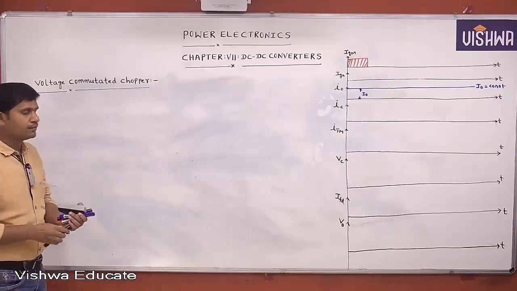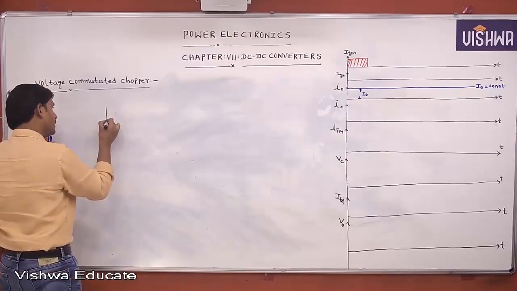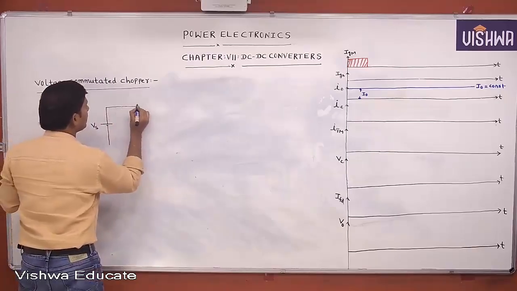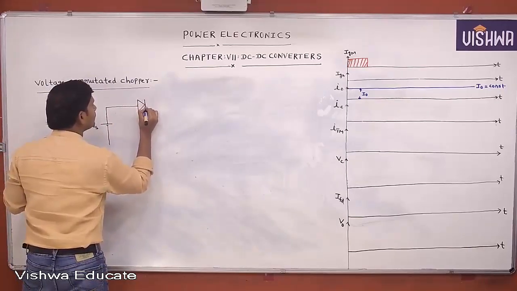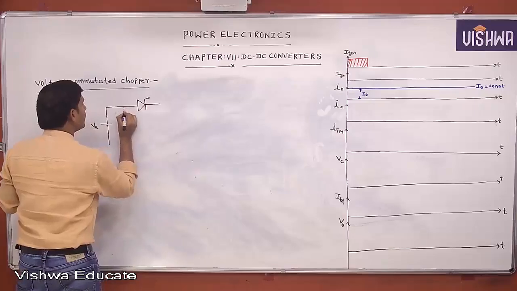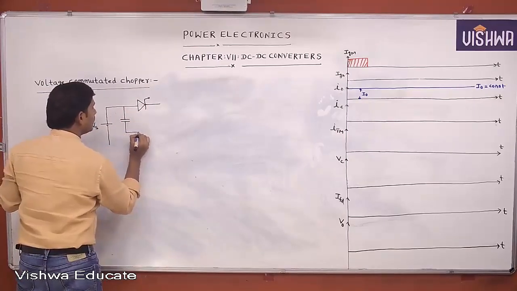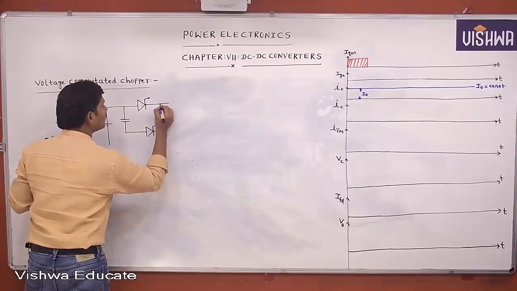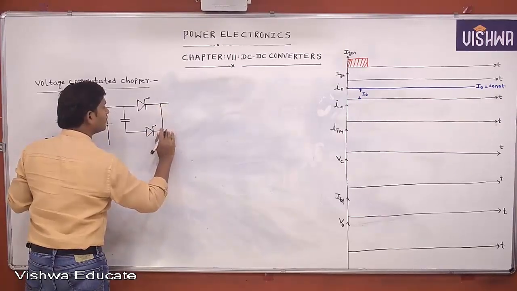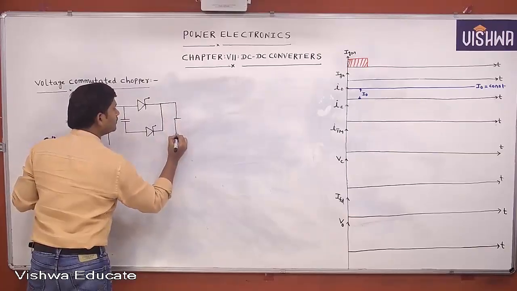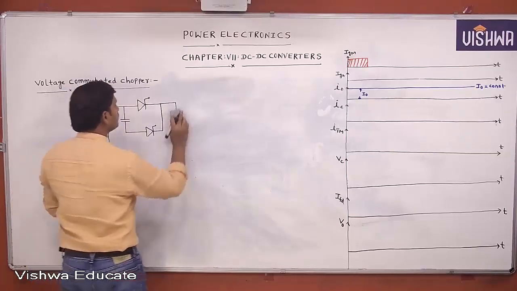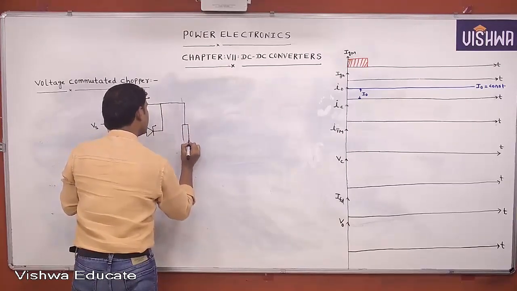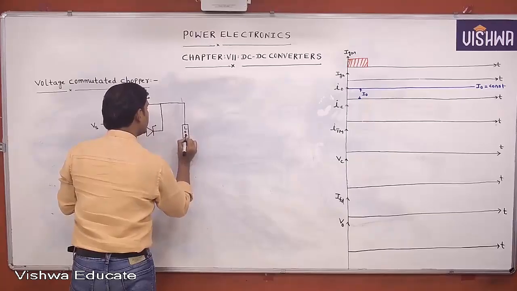What is the circuit? This is the supply voltage Vs. This is the main thyristor, the capacitor, this auxiliary thyristor, the load. We are supplying constant current to the load.